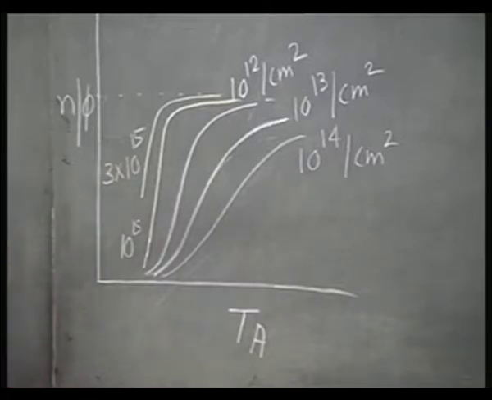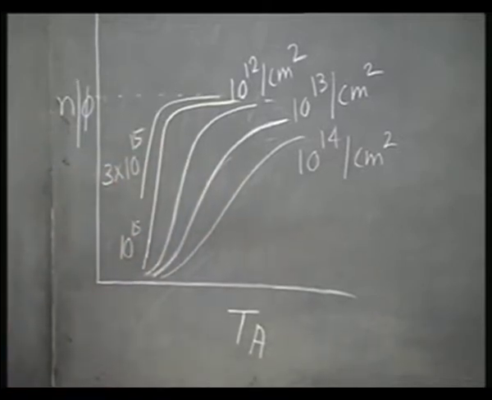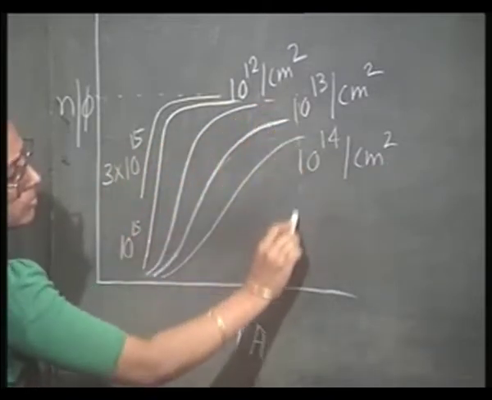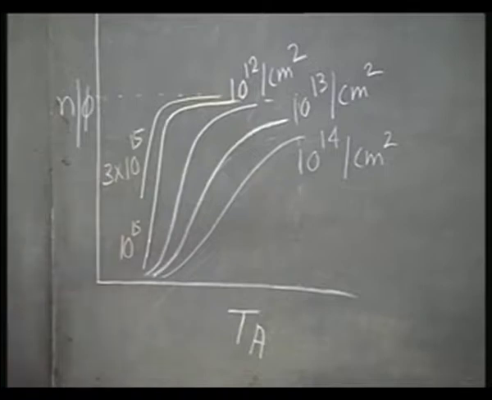Understandable. If I go to a still higher dose, the same trend continues, the full activation is taking place at even higher temperature. Okay. So, this is around 800 degrees centigrade, 800 to 900 degrees centigrade you could say.